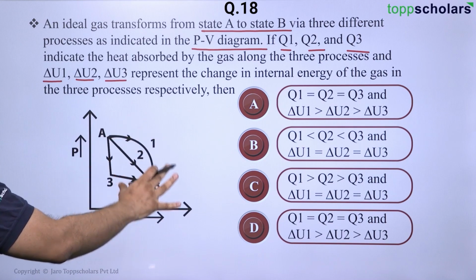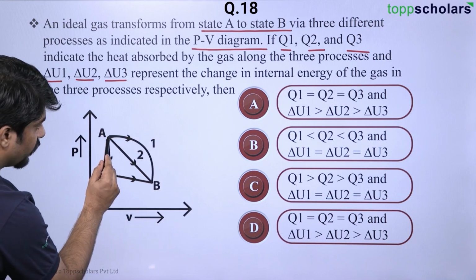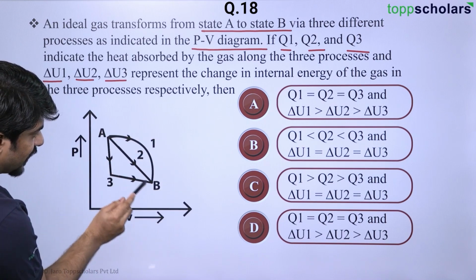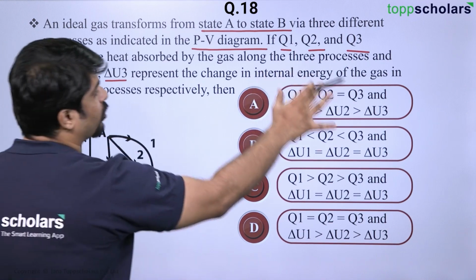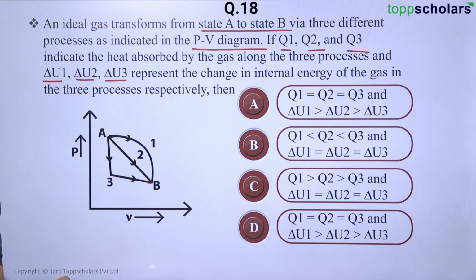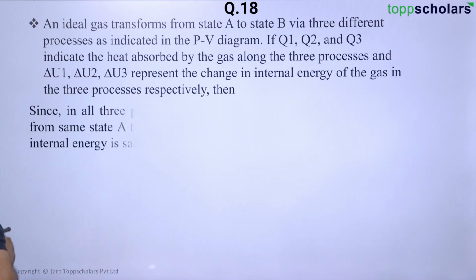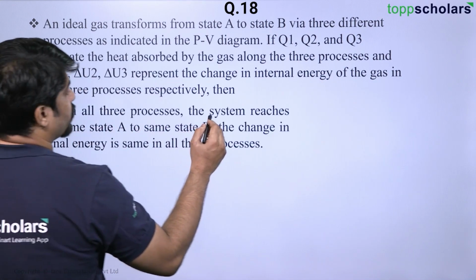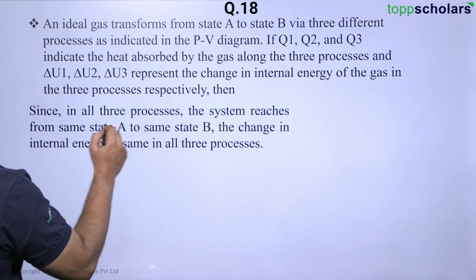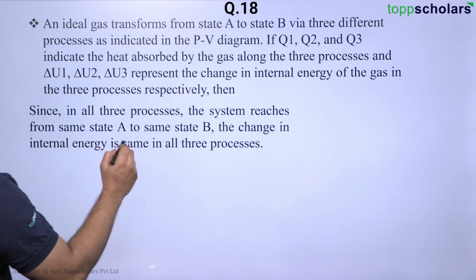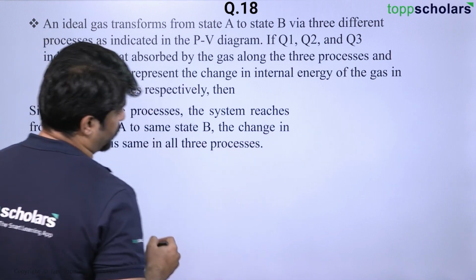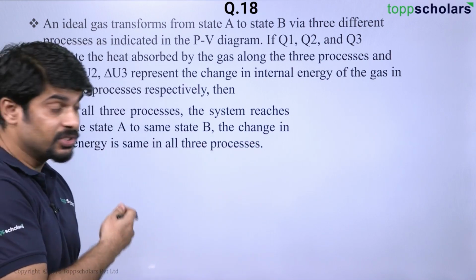Here are the 3 processes, as you can see: this is the first one, this is the second one, and this is the third one. In these 3 processes, which one of these is correct? That is what we have to find out. So let's look at the solution. Since in all 3 processes the system goes from the same state A to the same state B, the change in internal energy is the same in all 3 processes, as we have just seen in this diagram.